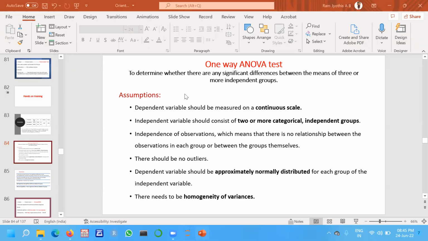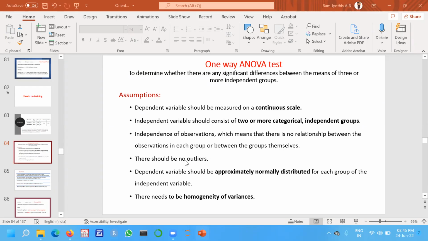So what are the assumptions for one-way ANOVA? Dependent variable should be measured on a continuous scale. Independent variable should consist of 2 or more categorical independent groups. Independence of observation, which means that there is no relationship between the observations in each group or between the groups themselves.